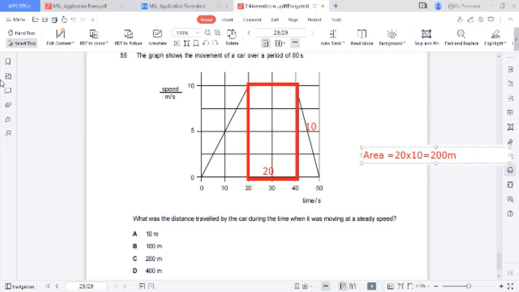So distance traveled is 200 meters. Let's mark the wrong ones. Wrong, wrong, wrong. So we have only one correct option, that is this one. Okay, let's move to the next one.